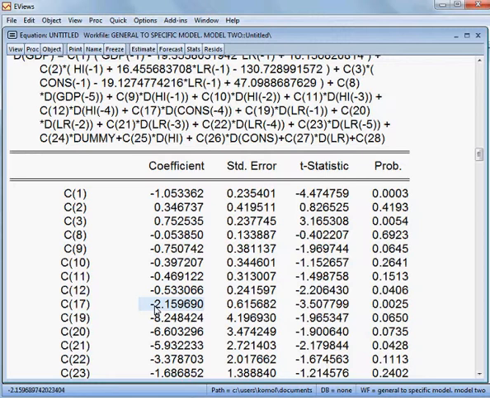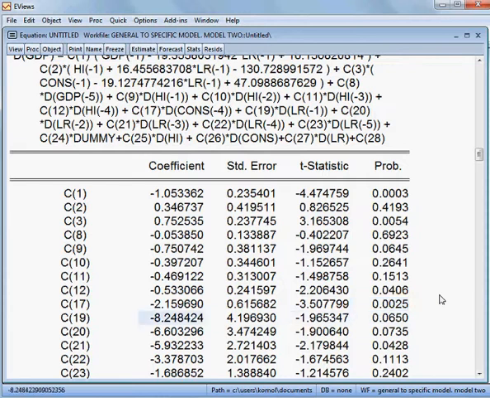When consumption goes up, GDP should go up, and when consumption goes down, GDP goes down. So the coefficient sign should be positive, but here it is negative. So we are not happy about the model and we cannot accept this model.